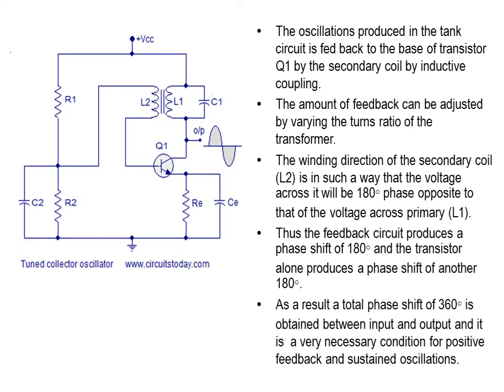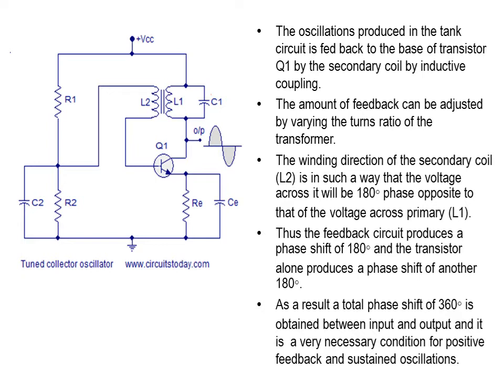So we choose L1 and L2 in such a way that L2 will have very few turns compared to L1. That means whatever voltage is developed across L1, a small fraction of that will be developed across L2 through mutual induction, because L2 has fewer turns, and that voltage is provided to Q1 as the feedback fraction.